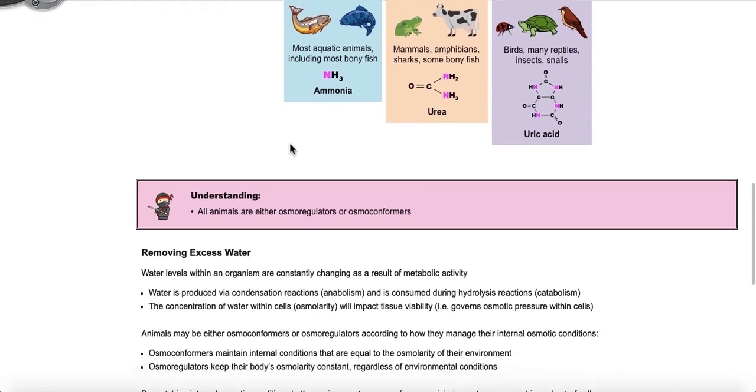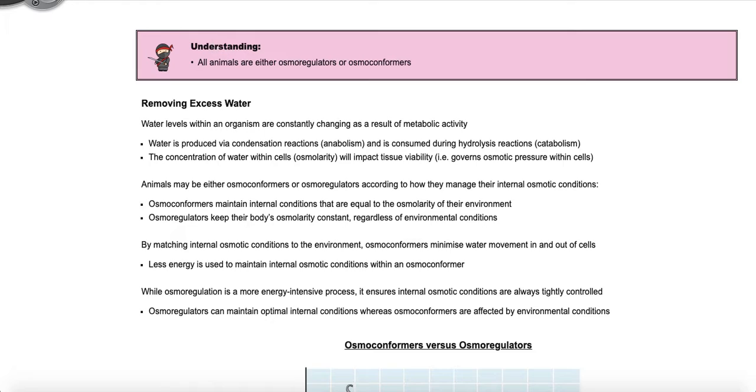All right, so continuing, we see that all animals are either osmoregulators or osmoconformers. This is the way that animals are able to release or remove the excess water. A little review here is that water is produced via condensation reactions, which we call anabolism, and is consumed during hydrolysis reactions, which we call catabolism.